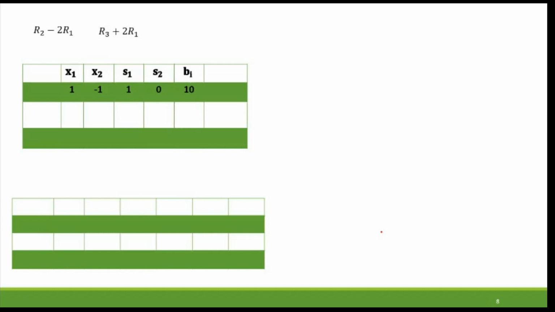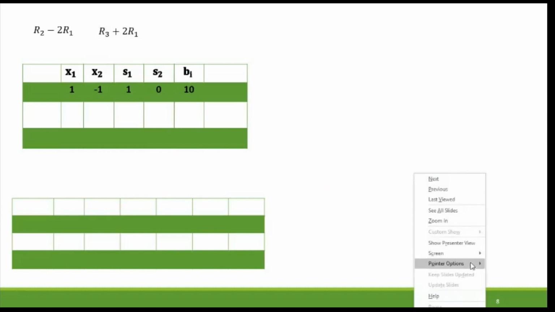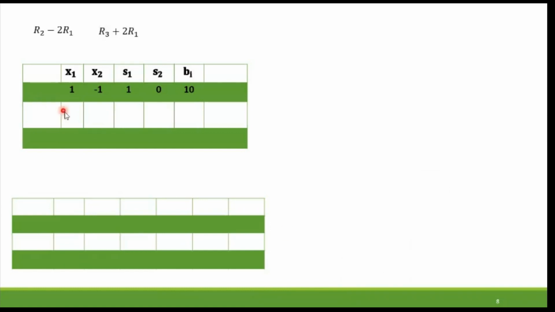Yes, Manish, you are right. It is going to be 0 because we are using the row transformation according to that. ठीक है. Second element क्या होगा?